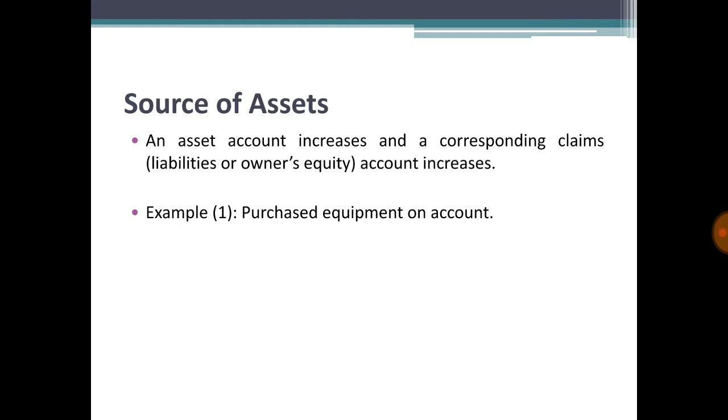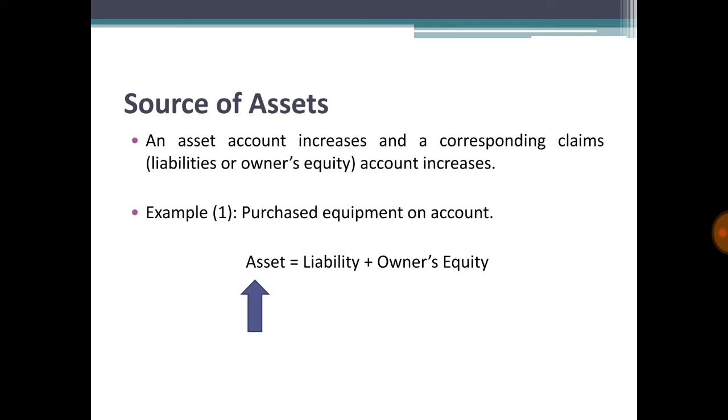Next, we are going to check on the effect of these accounts in our accounting equation. When the company purchased an equipment, there is already an increase in our asset, because equipment is part of the non-current assets of the company.